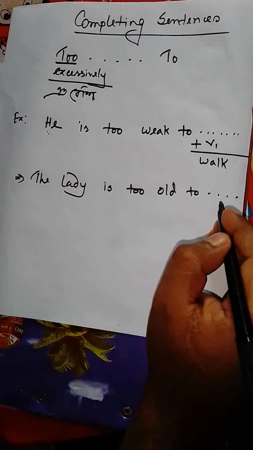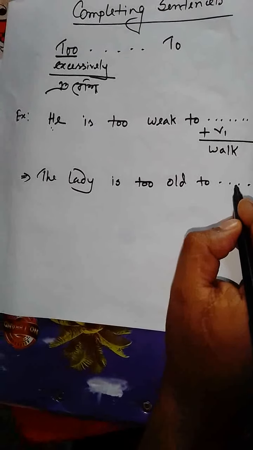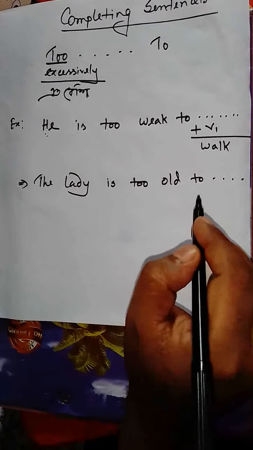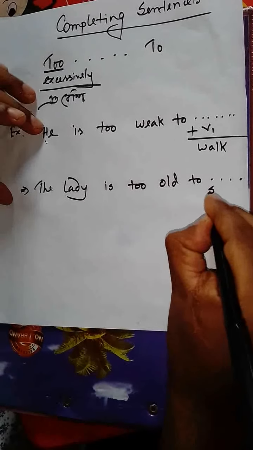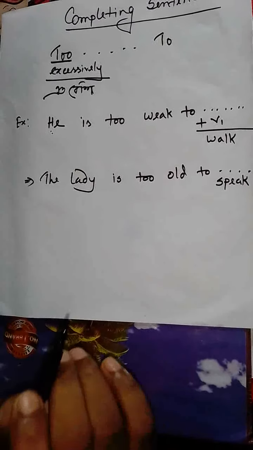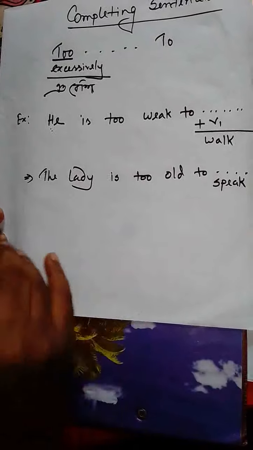Whatever she can't do, we will write down only the action verb in the present form here. I can say the lady is too old to speak. So I will write down here only speak. This is the way to answer this type of question.